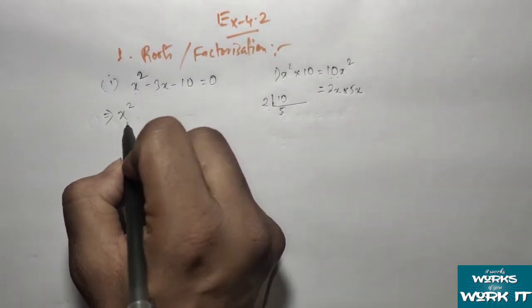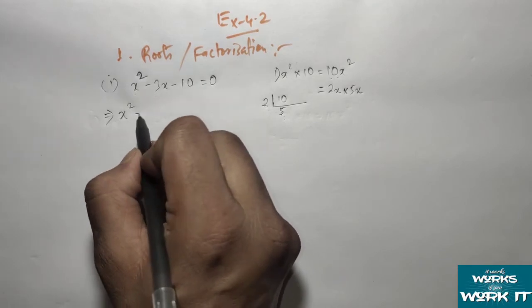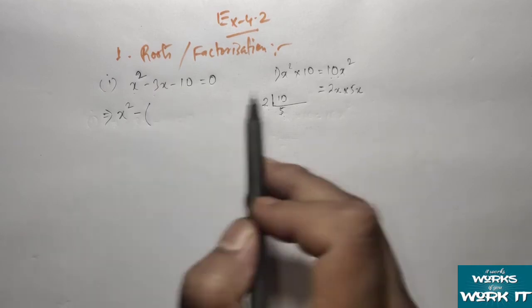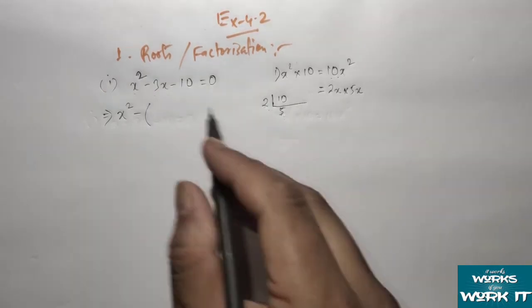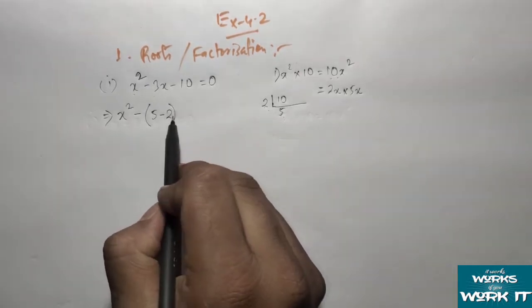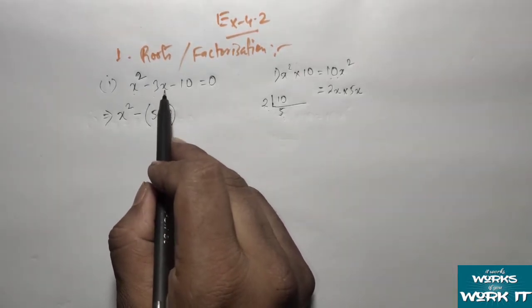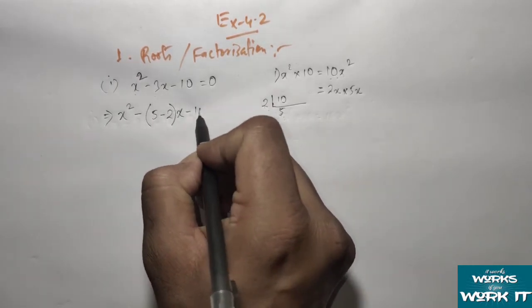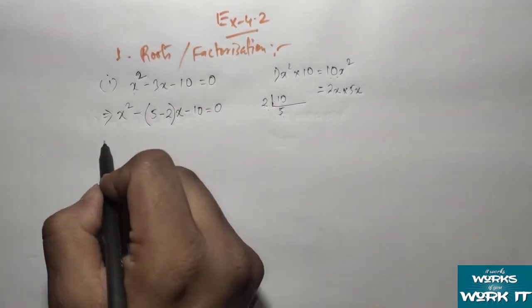We will write the first term as it is, minus sign as it is, and then split the middle term by using two prime numbers, that is 5 and 2. We can subtract 5 minus 2, it will give us 3, and then the variable present here, that is x, I'm writing here minus 10 equal to 0.